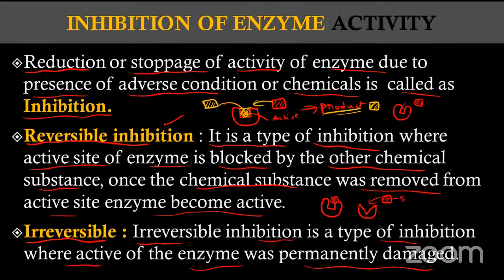So how can this substrate bind to this? Is it possible to bind to this active site now? No, right? So this is how the inhibitor damages the active site so that the substrate cannot bind again to the active site of the enzyme. That we call irreversible inhibition. I think you understood. If you didn't understand me, kindly tell me once again and I will repeat.